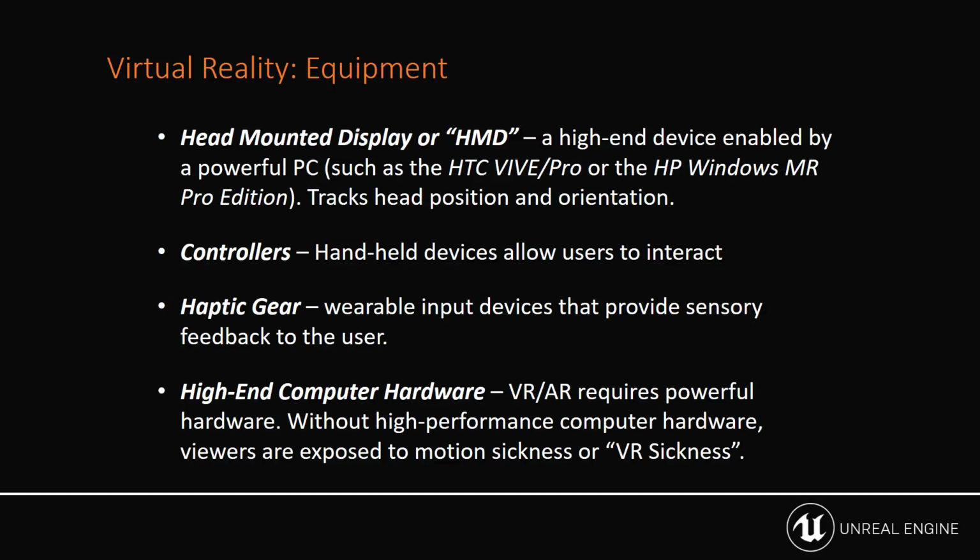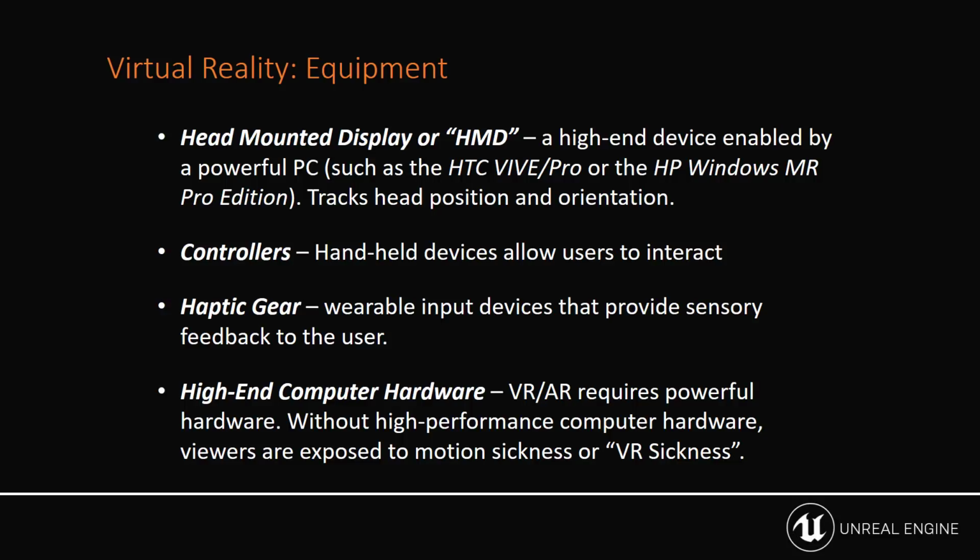Let's jump forward here to take a look at, continuing on our talk of virtual reality and the basics here, some of the equipment and all of this equipment here and how it relates to Unreal Engine. So we're going to see how we can use something like a head-mounted display, and what you'll often hear is a head-mounted display referred to as an HMD, and that's literally the acronym for a head-mounted display.